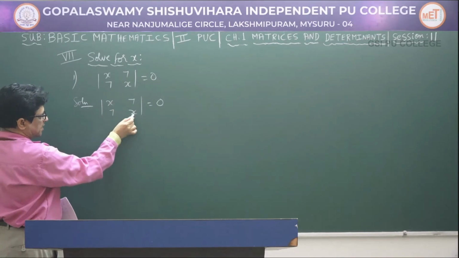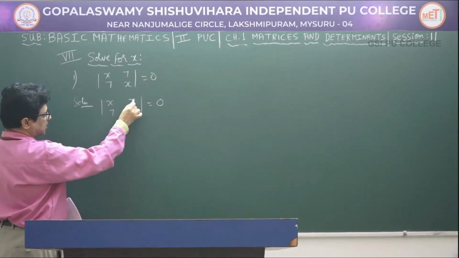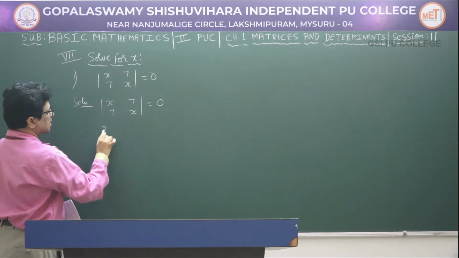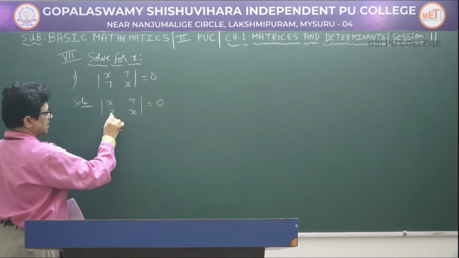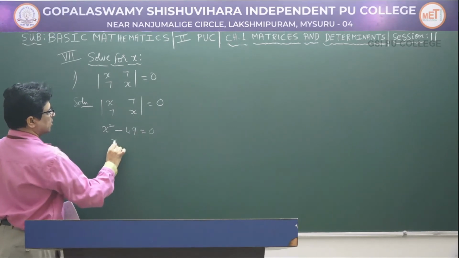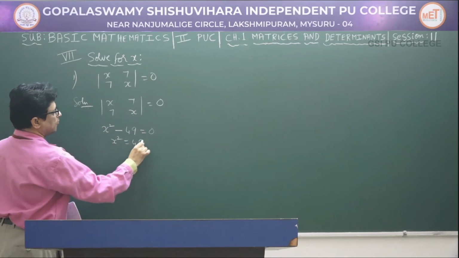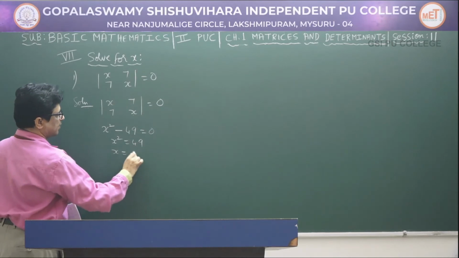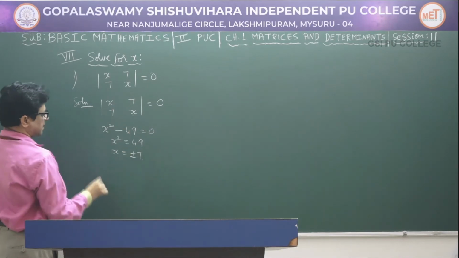The product of the principal diagonal minus the product of the other diagonal, that is x into x, x square, minus 7 into 7, 49, is equal to 0. So x square will be equal to 49 and x will be equal to plus or minus 7.